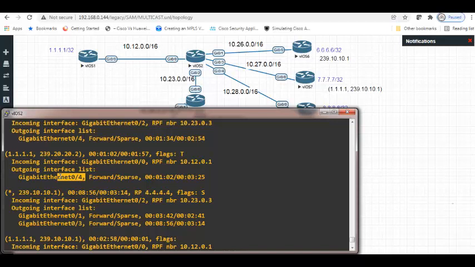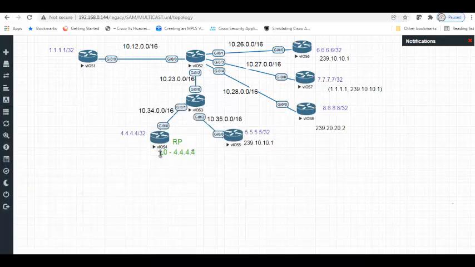So RP's job is just to connect them, source and the group member. No need to be in the path. No need to be in the data plane. Questions, please.